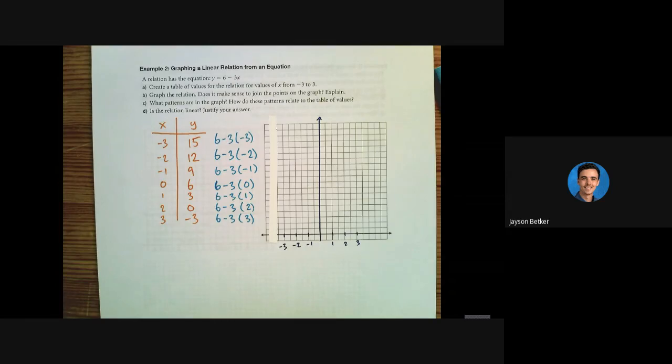And it's actually going to go below in the -3 right at the end, but we'll just draw it down there. That's fine. So okay, now we plot.